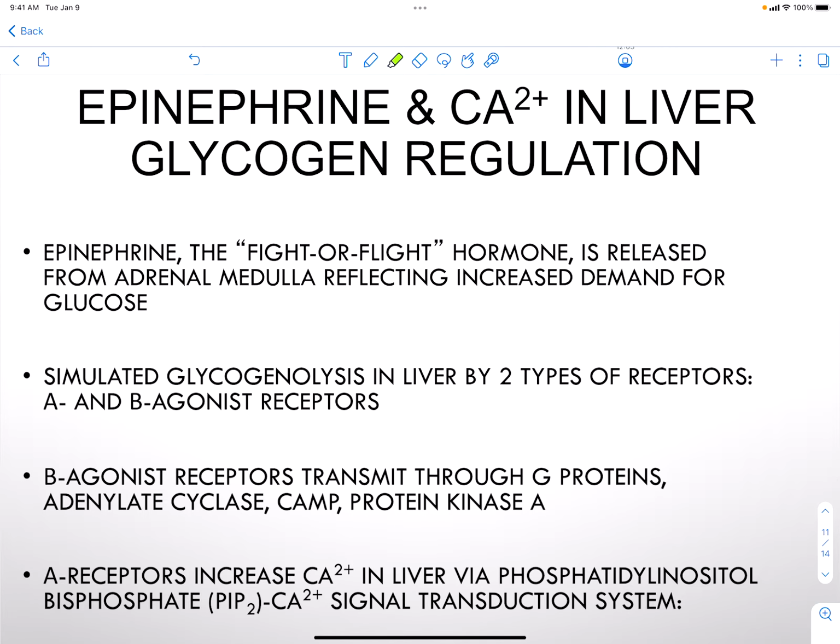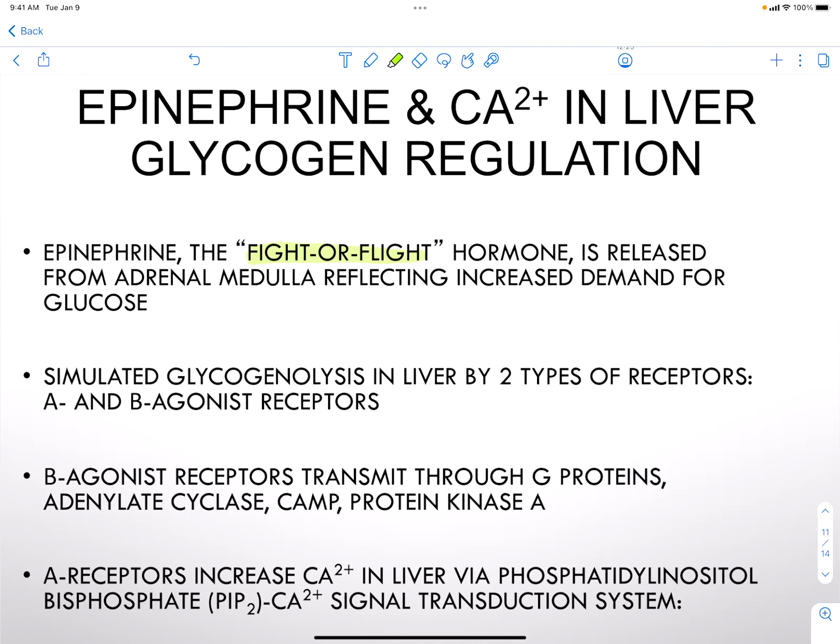Now, epinephrine and calcium is important in our muscle cells, but it also has a role in our liver. So epinephrine or adrenaline is the fight or flight hormone. This is going to be released by your adrenal medulla, and this is going to promote the increase in demand for glucose for mobilizing fuels.